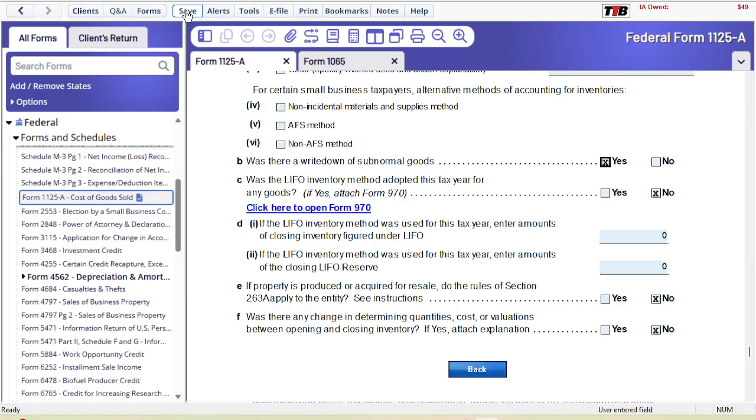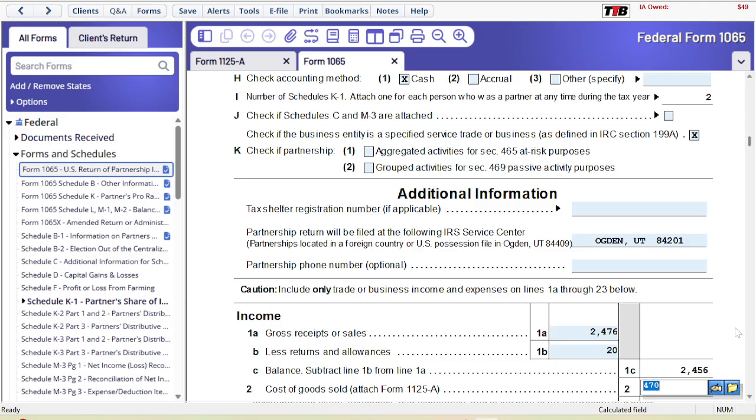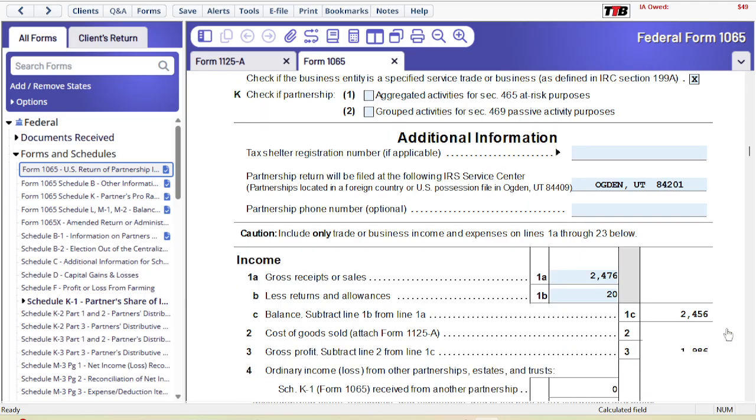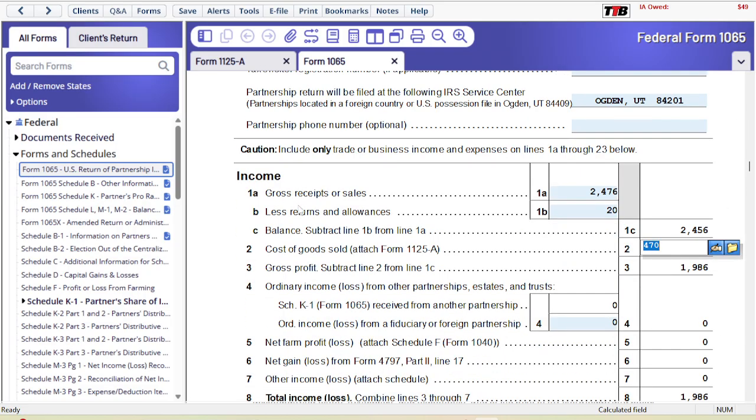But again, that's because I use the form. If you are in the questionnaire mode, you may not know exactly what question goes where on the 1065 form, but you can just do the best that you can.